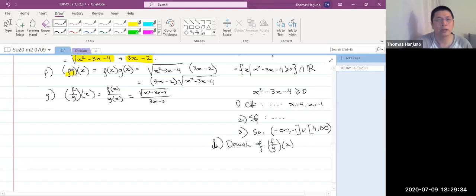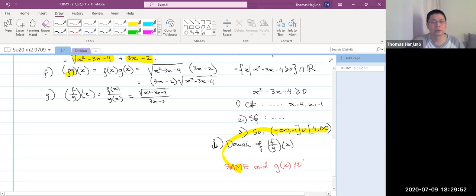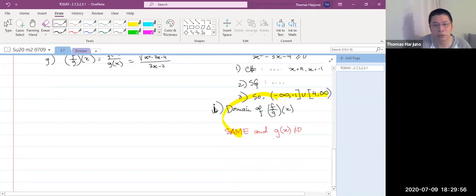Then the domain here will be the same as that domain, with an extra requirement: g of x cannot be 0. Now g of x is 3x minus 2, which cannot be 0, so x cannot be 2/3.